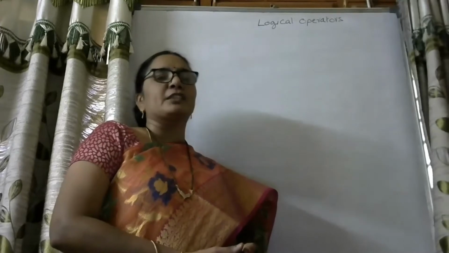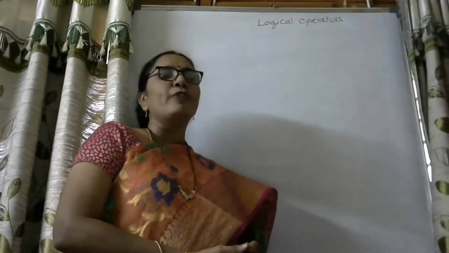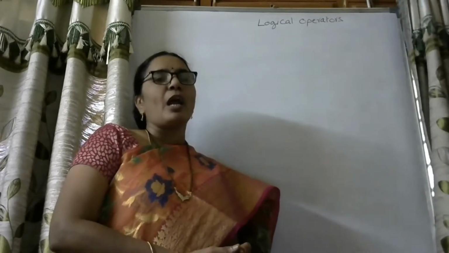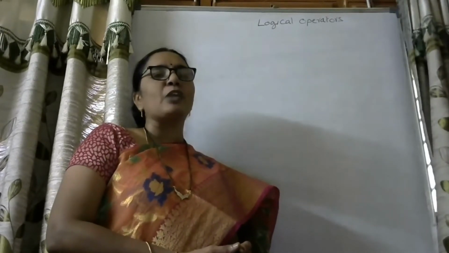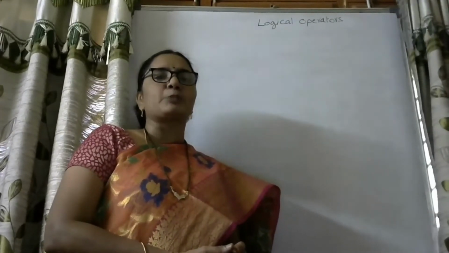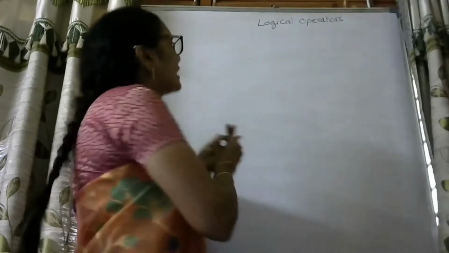Logical operators are the operators which take Boolean values as the input and produce Boolean values as an output. In order to explain my statement, let me take a simple example.